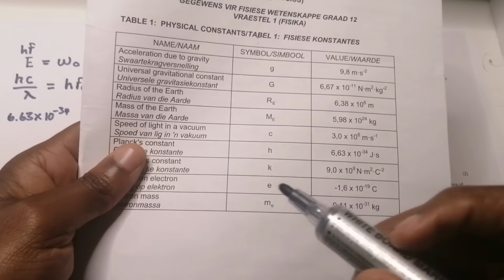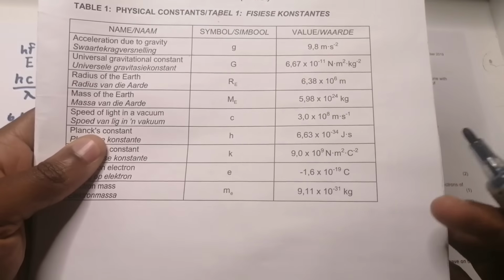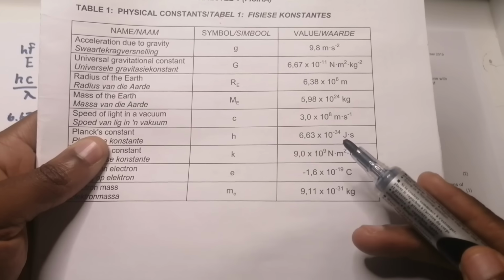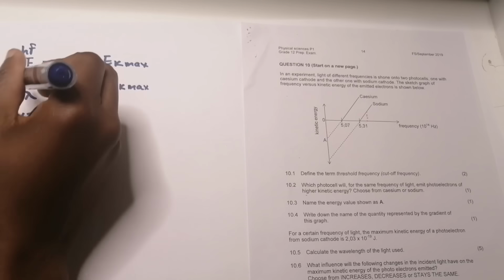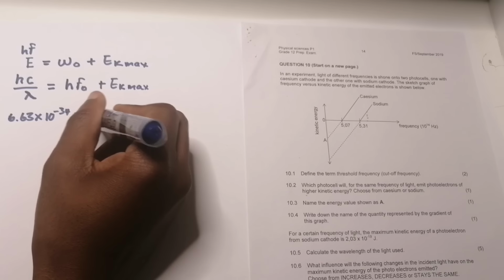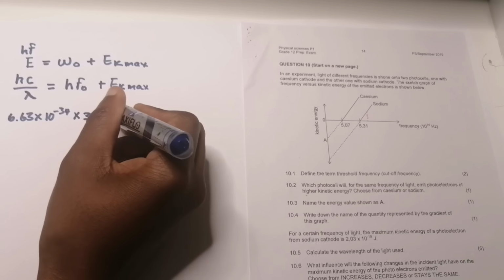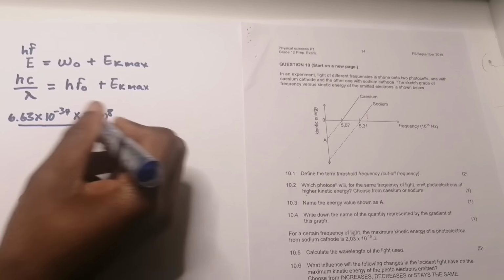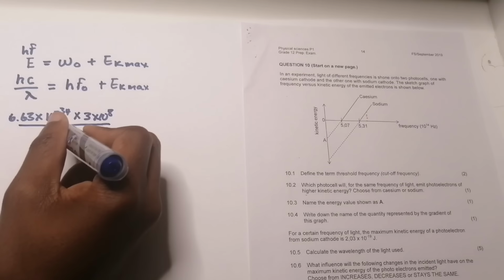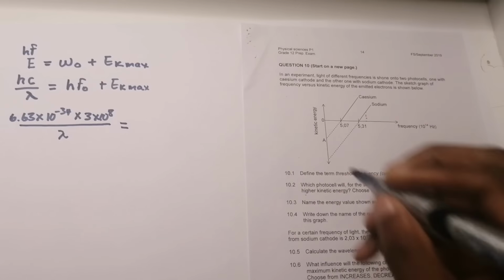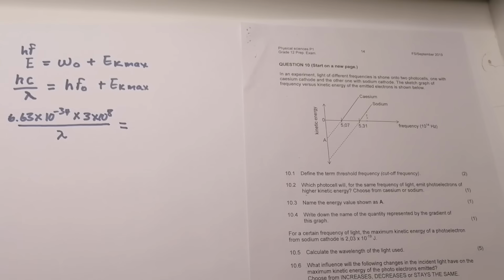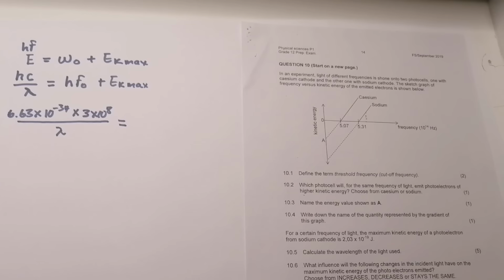There's Planck's constant: 6.63 times 10 to the minus 34 joule seconds. Multiplied by the speed of light in a vacuum, 3 times 10 to the power 8, divided by the wavelength. But that's what we are looking for, isn't it? So we're looking for the wavelength. And this is equal to, now please note, we've got f0 there.